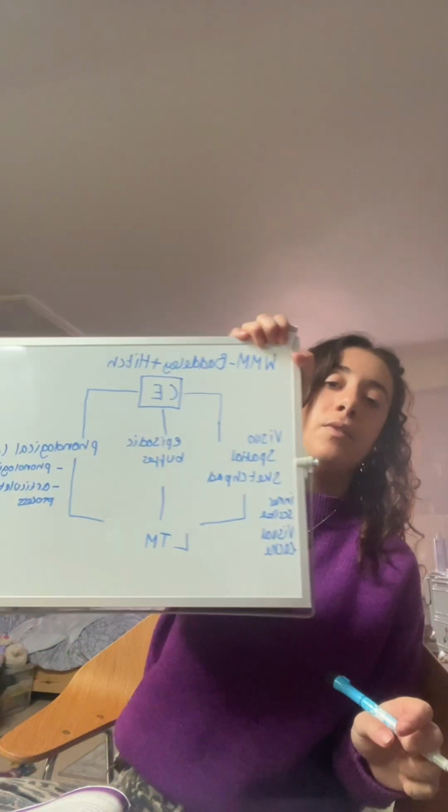So this is when you think the information, you rehearse it so then it can be retained into your long-term memory. Then in the visuospatial sketchpad you have your inner scribe, which tells you where objects in your visual field are in relation to each other and their locations, and your visual cache. So that's just your store for all visual information. Okay, so that's with the things added on.